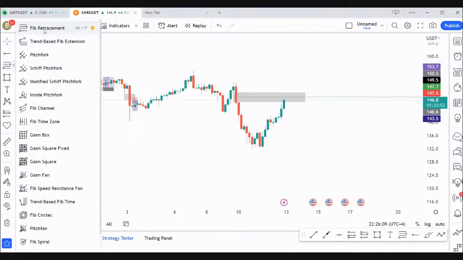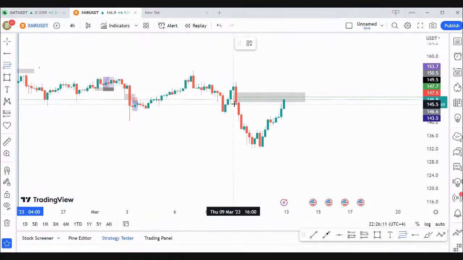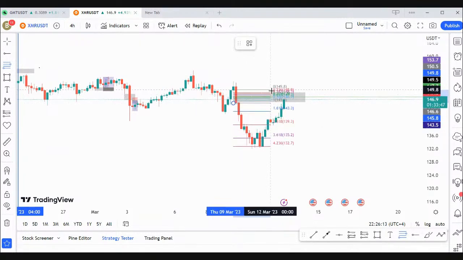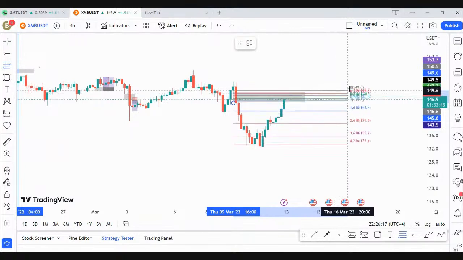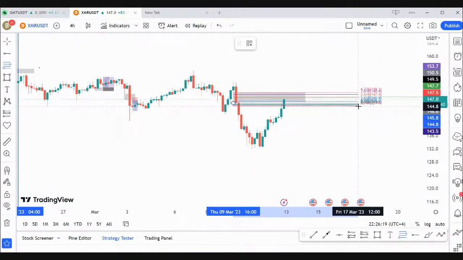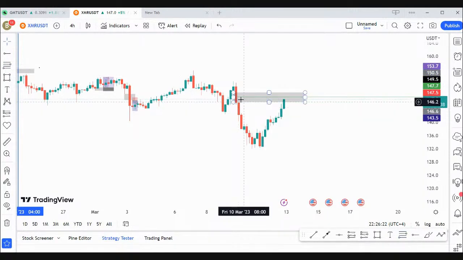You can just use this tool, and you tap from here and here, to determine 50% of this imbalance.